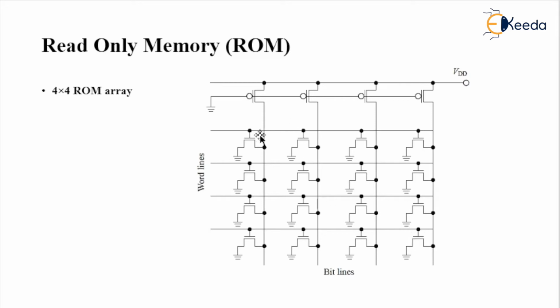The vertical lines 1, 2, 3, 4 are considered as word lines. And the horizontal lines 1, 2, 3, 4 are considered as bit lines. These 4 lines are word lines and these 4 are bit lines.